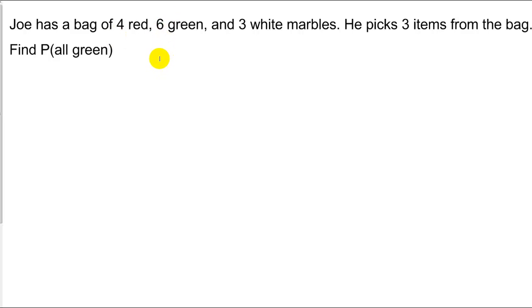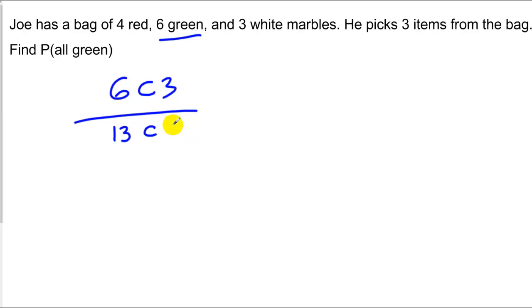So doing that like a combination style problem, we have to ensure that all of our marbles are green. So we only want to pick from our green subset. So we have 6 choose 3, over, we have a total of 13 marbles, and to find out how many ways we can pick 3 of them, that's just 13 choose 3, and there's your probability.